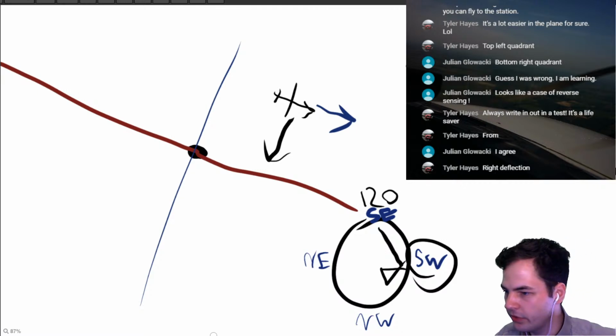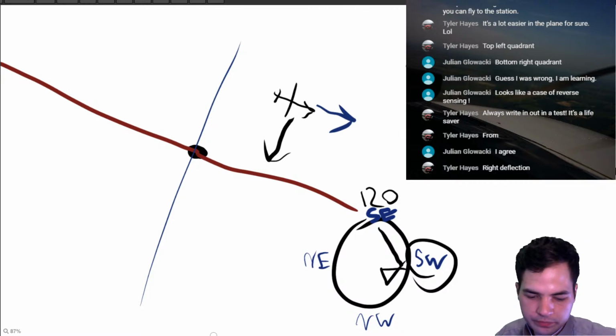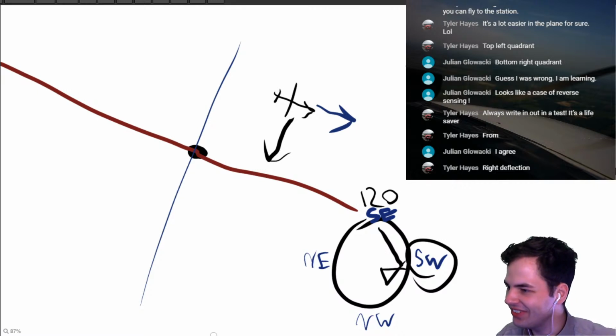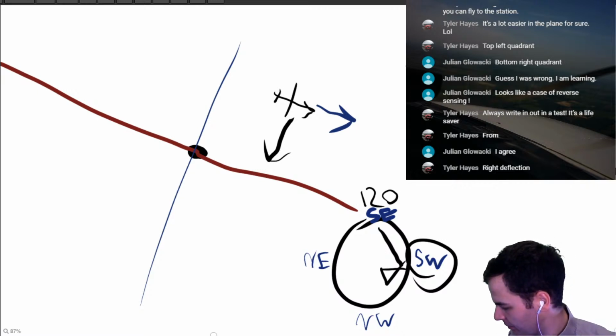And so that makes sense. So the right deflection on the needle. Yeah, so that's kind of the two different scenarios. That's kind of our tricky test questions and where they get you into trouble there.